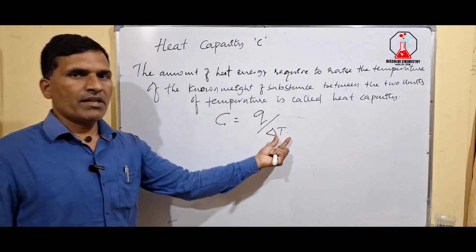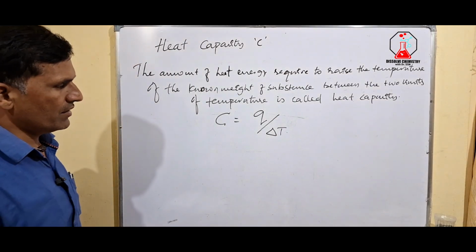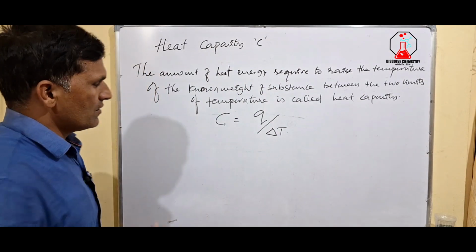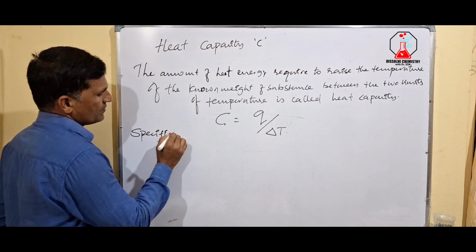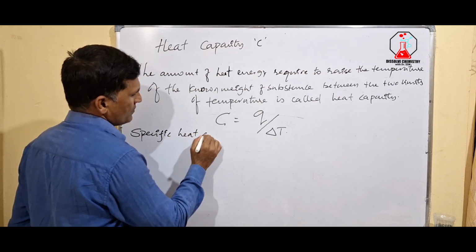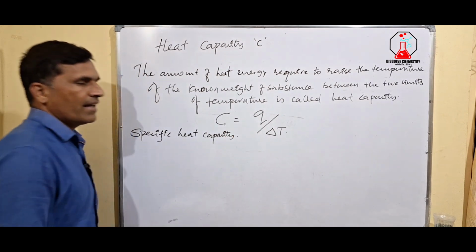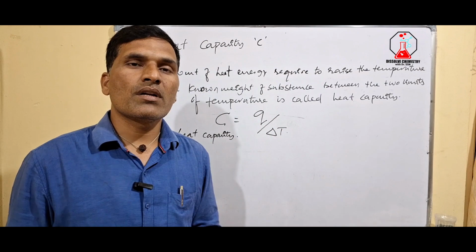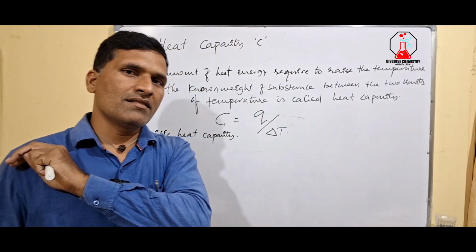So change in temperature means the two limits of temperature, we will take T2 minus T1. We will define another term, that we call specific heat capacity. What do you mean by this? It is defined as the amount of heat energy required to raise the temperature of 1 gram of substance by 1 degree Celsius.